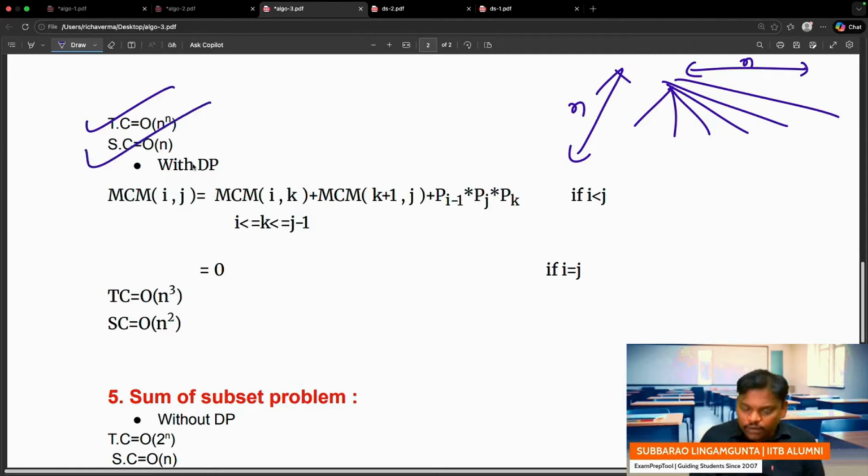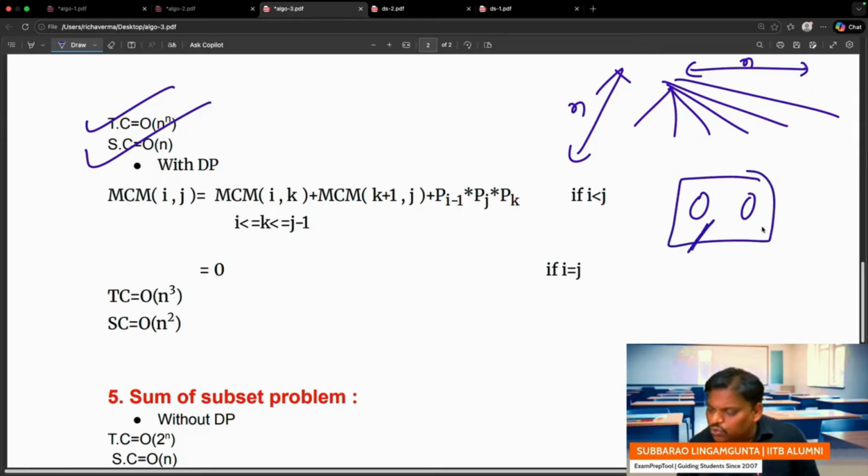With DP, if you observe, all possibilities you have to do. There are two parameters, a starting parameter and an ending parameter: from which place to which place you are multiplying. These parameters keep on changing. What is the meaning of matrix chain multiplication? From where to where I have to multiply.